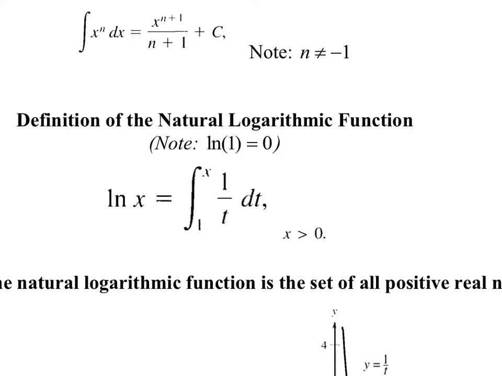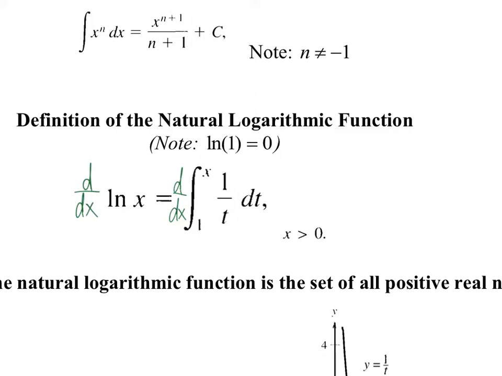Now here's another definition of the natural log that I want you to notice. The natural log is the integral from 1 to x of 1 over t dt. Well, let's think about what we were just talking about. This equals 0 at x equals 1, right? If I take the derivative of both sides, what does the right-hand side look like?